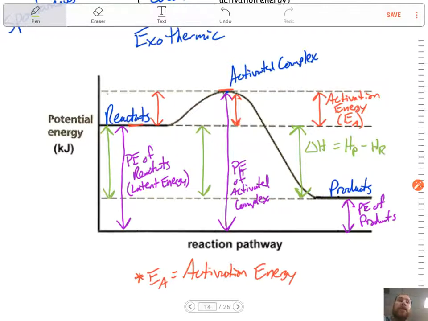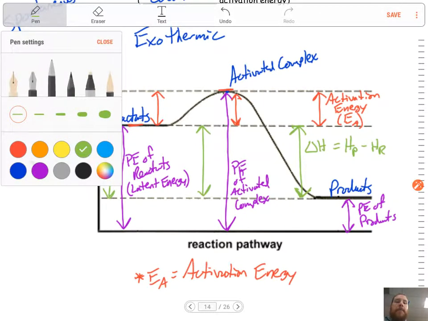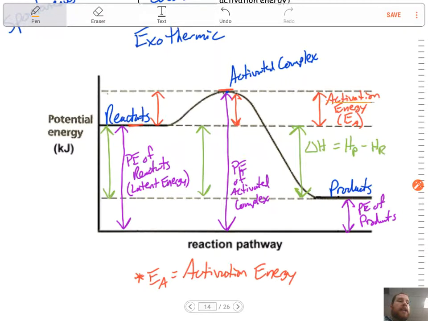Either you had to put that much total or net energy into the reaction, or that's how much energy was released. Now, one thing I want to point out as well is notice all of this above is how much energy is associated with the reaction. But this activation energy, yeah, you put the activation energy in, but you then get it back out.